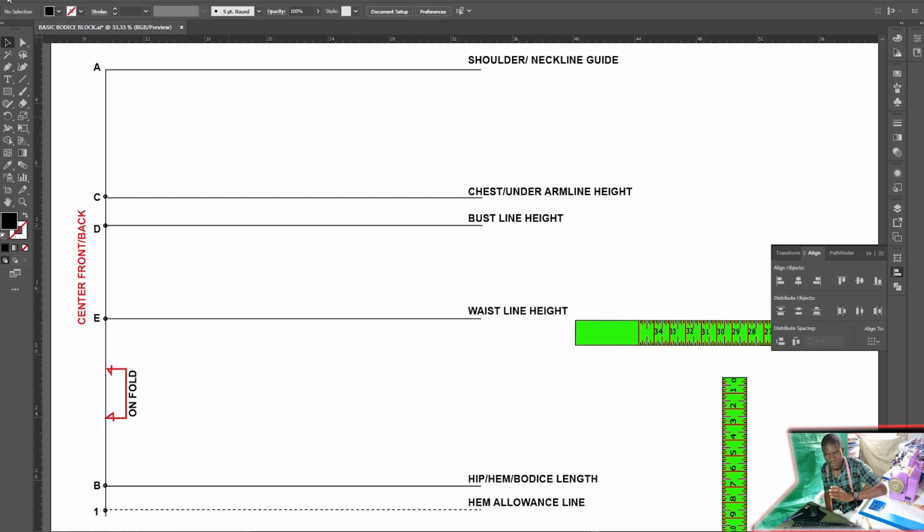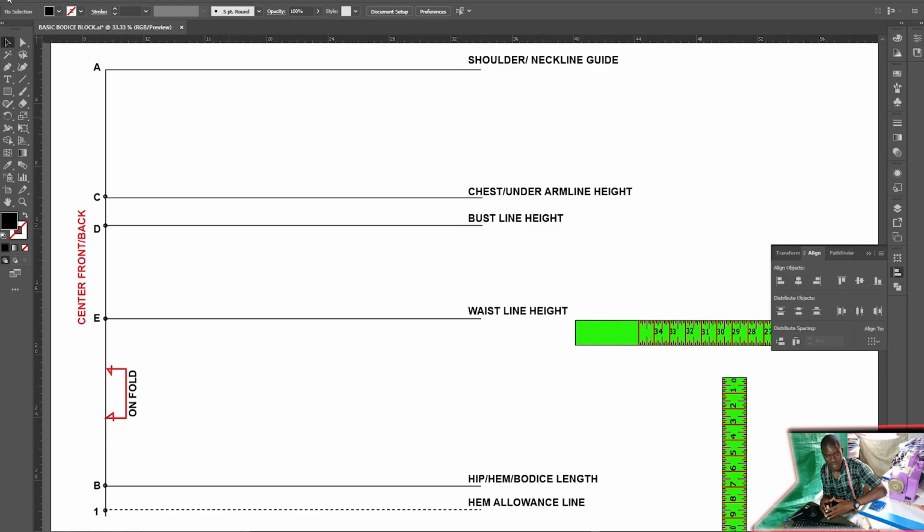First, I will determine the neck width. There are 2 ways for determining the neck. Your round neck measurement divided by 5, or your chest measurement divided by 12. Any of the 2 is okay. I always use any of the 2. I've never had a challenge with that.